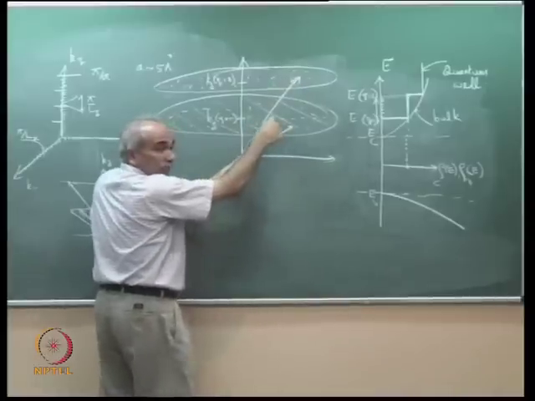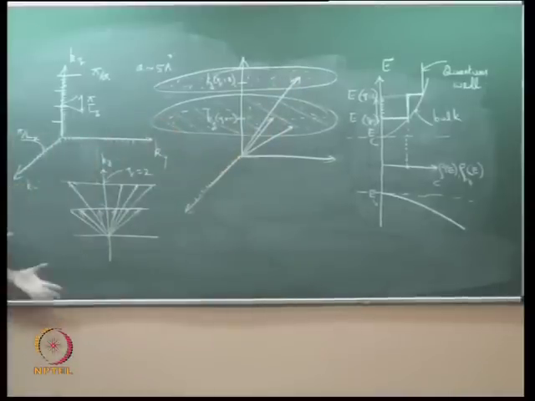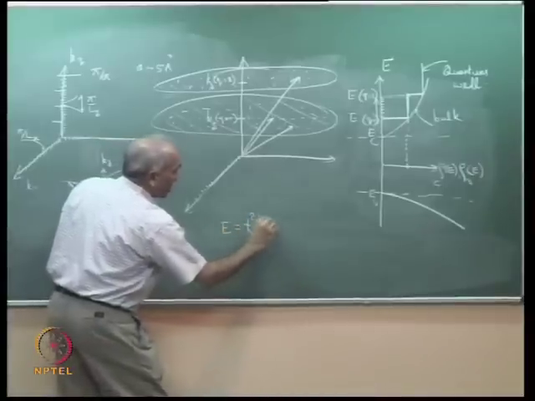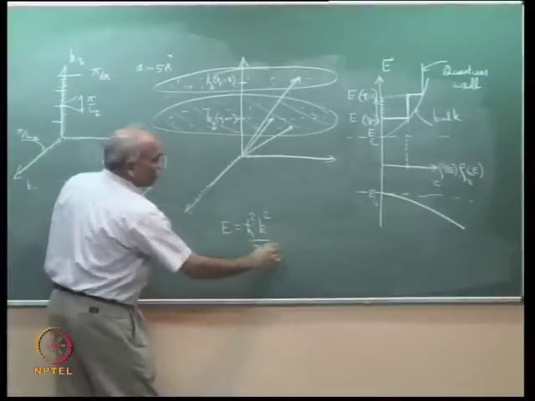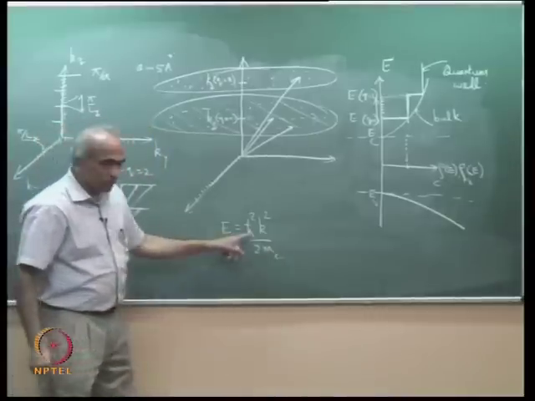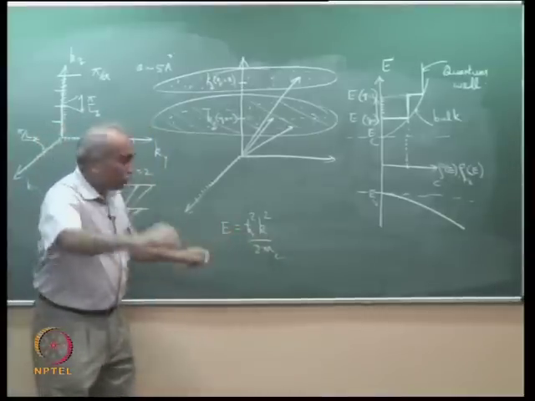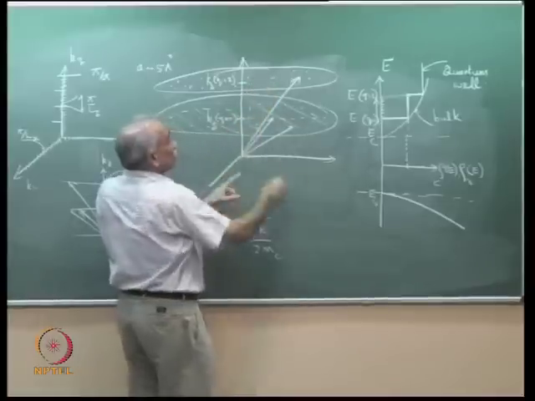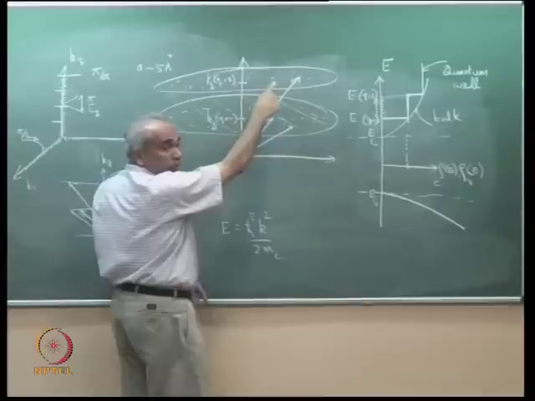Length of the k vector is large means energy is large. E is equal to h cross square k square by 2m_c, kinetic energy. So the larger the value of k, it will get another disk to sit, which means the permitted states become large.